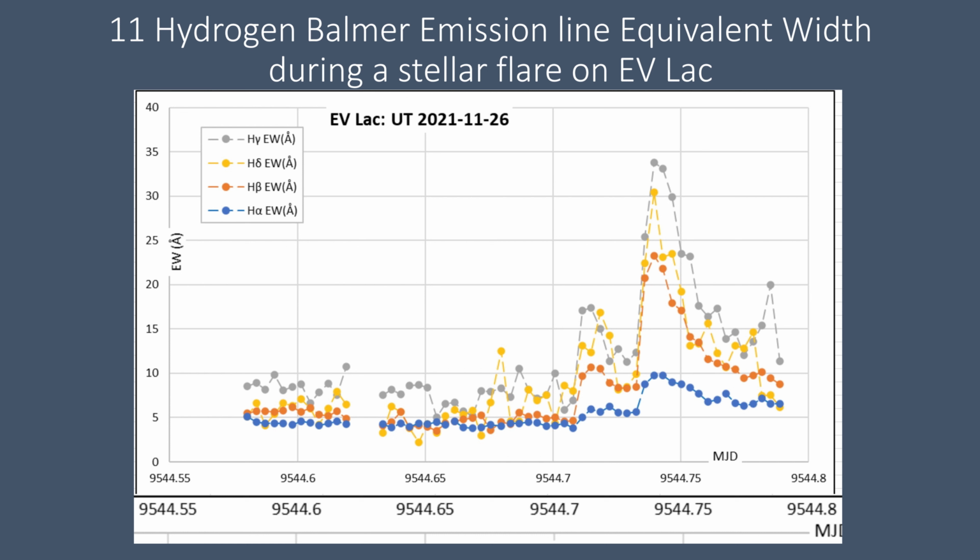That doesn't flare very often at all, so we still cover it just in case. But hydrogen delta shows the highest increase in equivalent width. So you've got the minimum equivalent width and the highest equivalent width, hydrogen alpha and hydrogen delta.